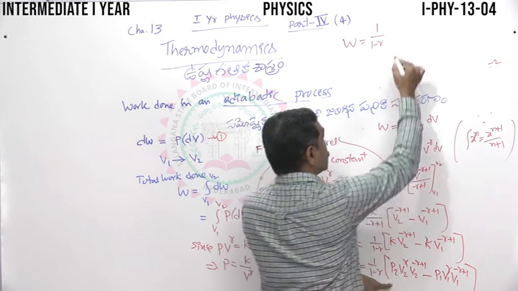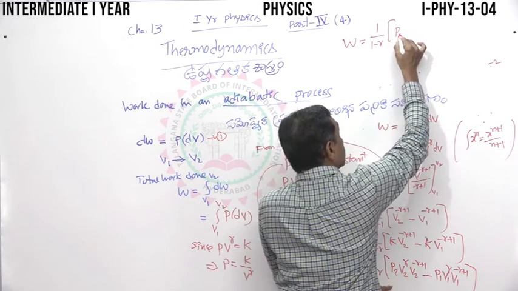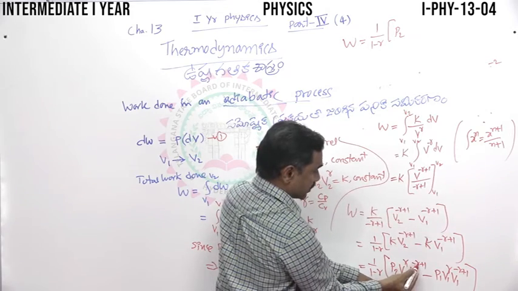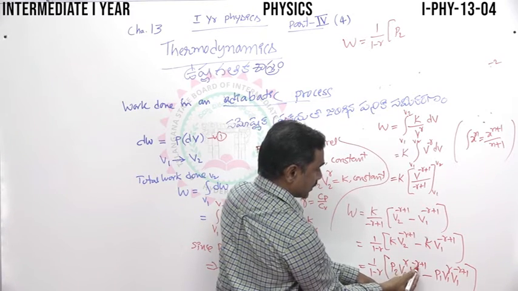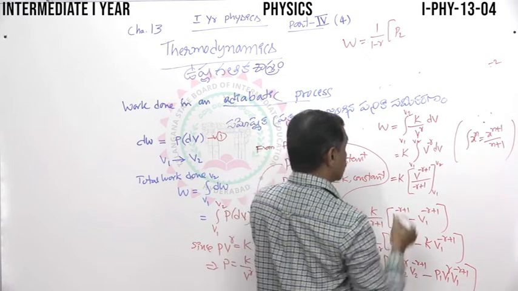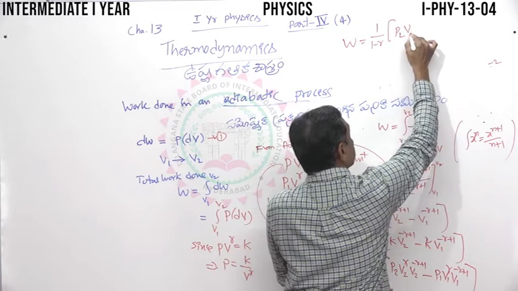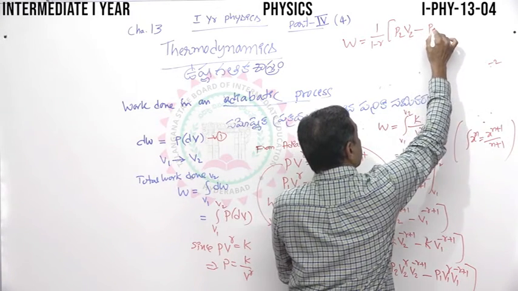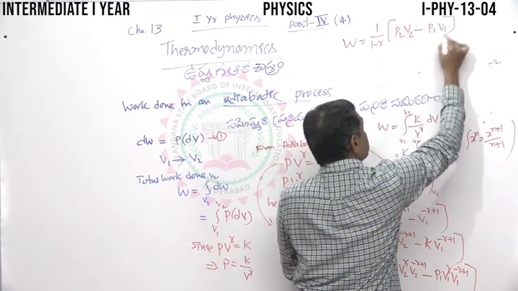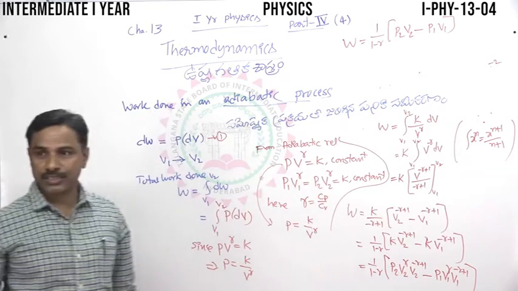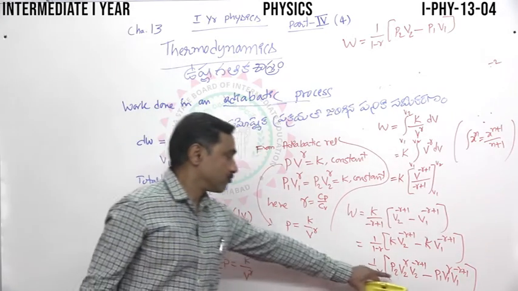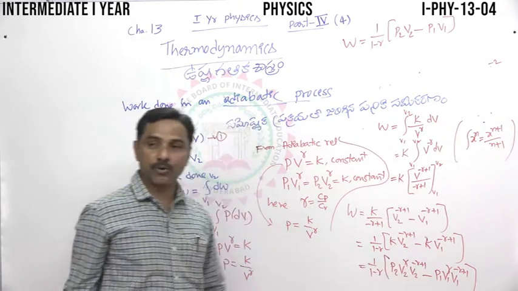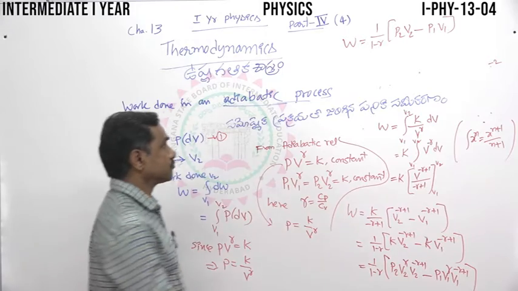Minus gamma plus gamma cancels, giving V2 power of 1. So it is P2 V2 minus P1 V1. A simple substitution, nothing else. Substitution and further simplification: bases are the same, so powers should be added up.